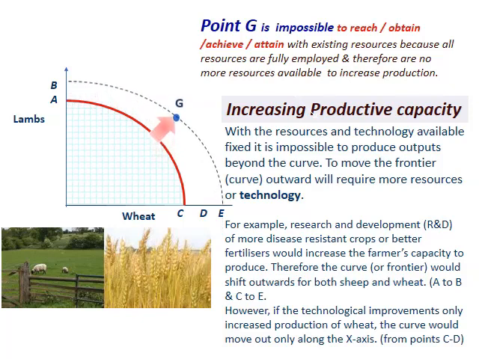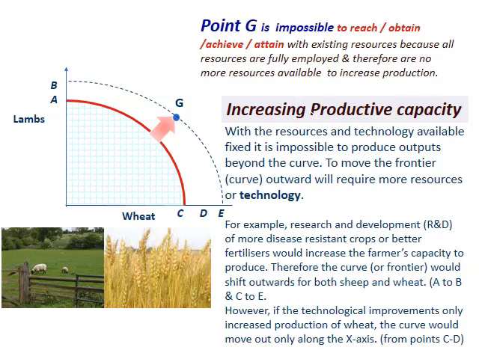So if we talk about point G, is it possible to get there? Well, it's impossible if we have a fixed amount of resources and technology, because we can't produce any more than the inside curve, represented by the red line.